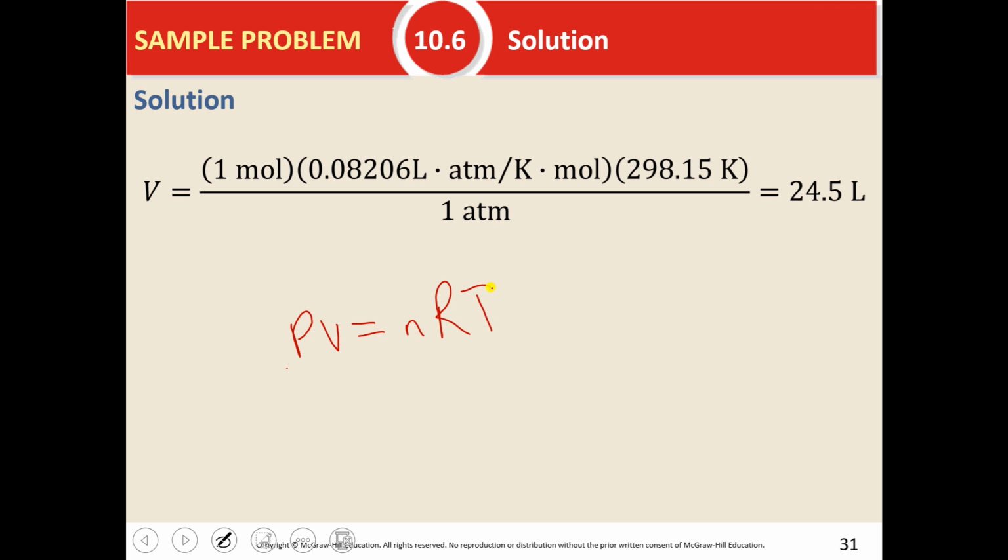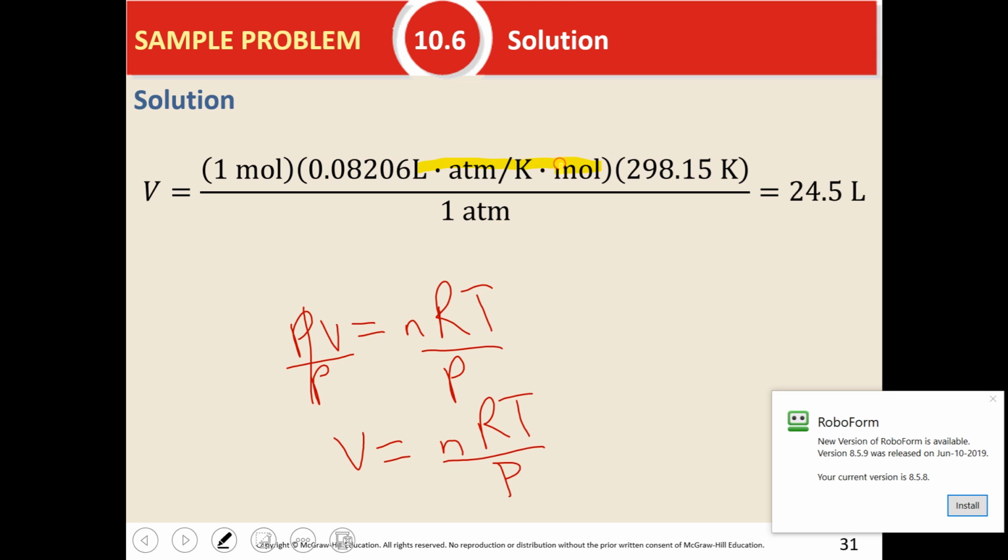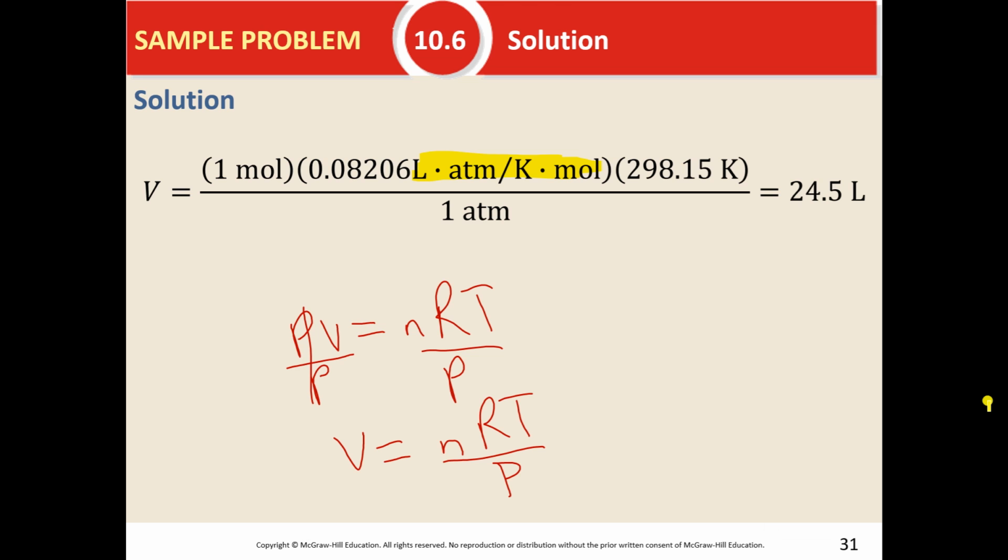Solving for volume means dividing both sides by P to get V equals nRT over P. And because of my units of R right here, I have to make sure everything is in moles, Kelvin, atm, and liters.